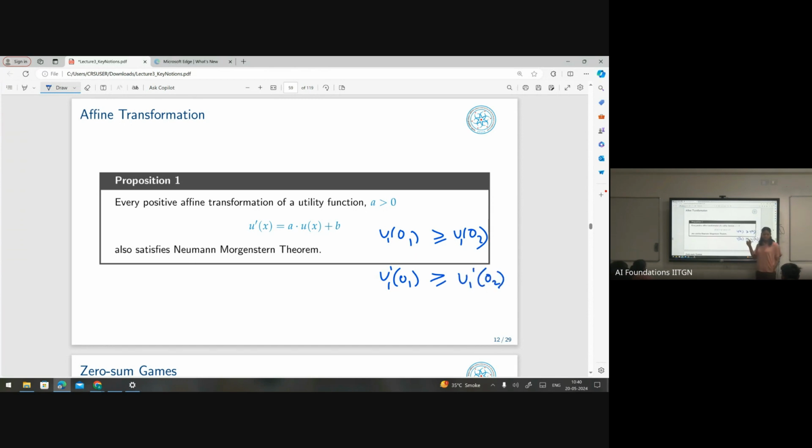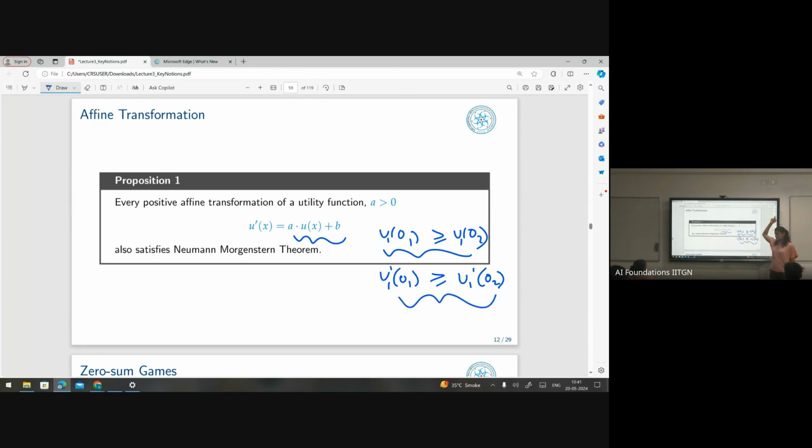I suppose this is easy to see, because I have just an affine transformation. It's a good exercise to go and prove this particular proposition. I did not put it in the problem sets, but do try to see why. If I have certain utilities and a preference over them, and I modify the utilities using an affine transformation, my preferences still remain the same.